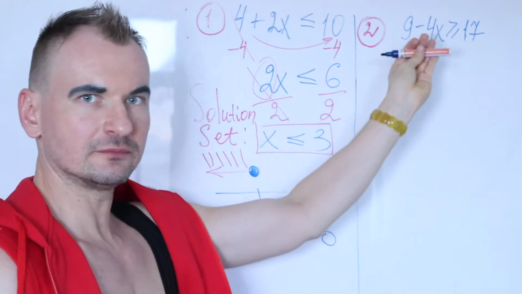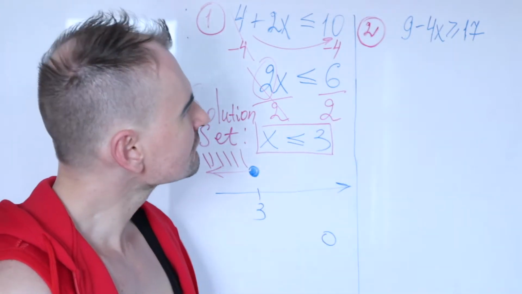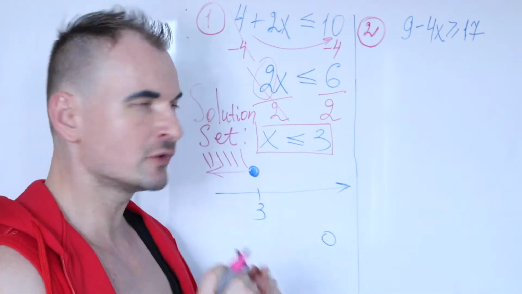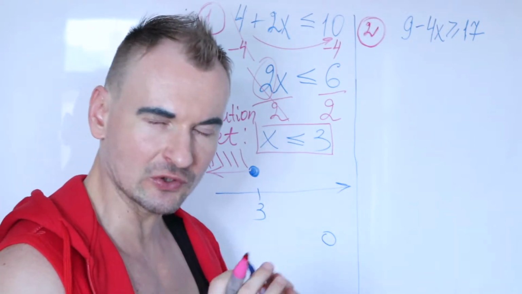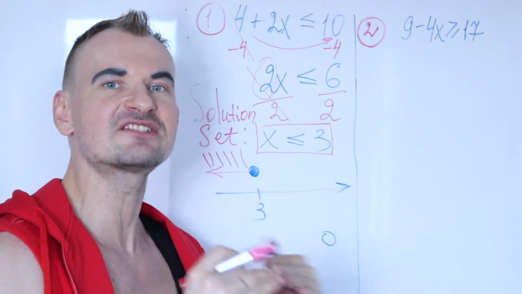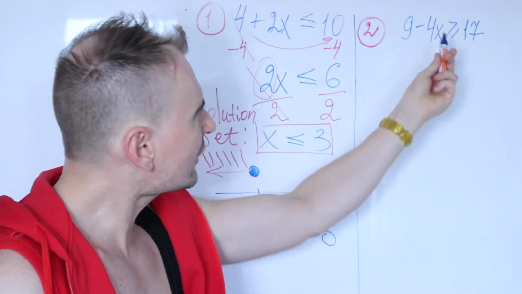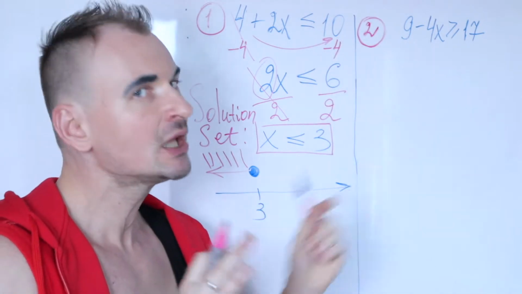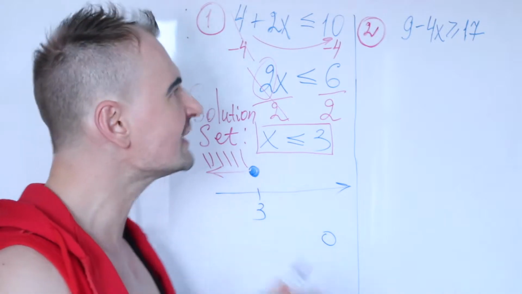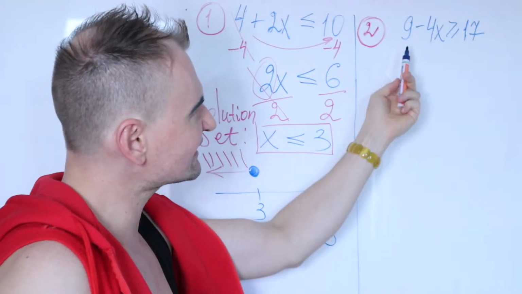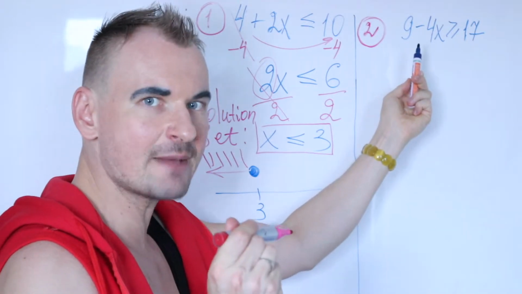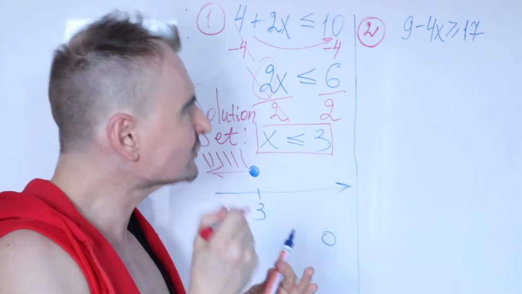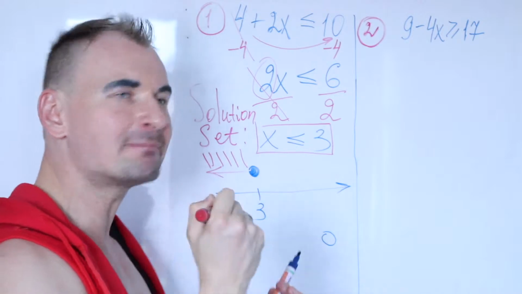Now, moving on. This is very, very similar. Again you want to get x alone, isolating x from other terms. You have another sign, it's not less than, it's greater than or equal to. You just keep it as is for now. Since you have this 9, the first step in this multi-step process is to get rid of the 9 by subtracting.